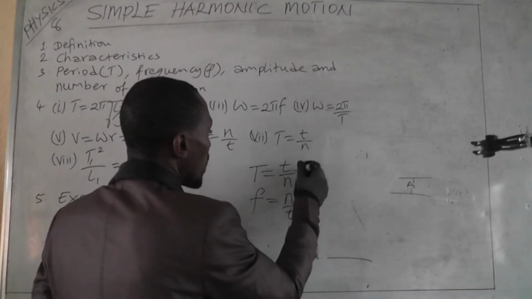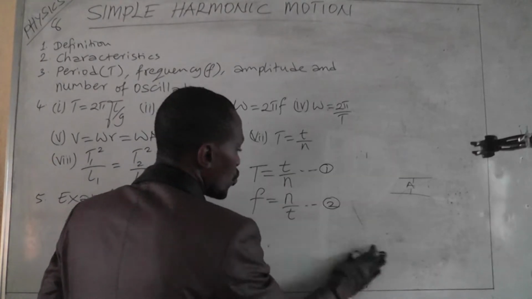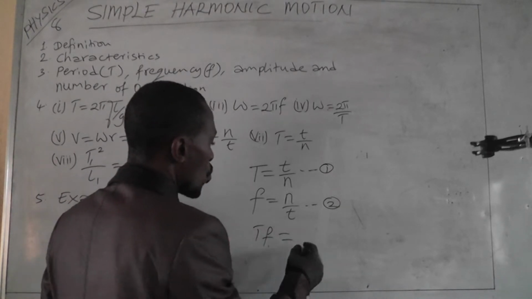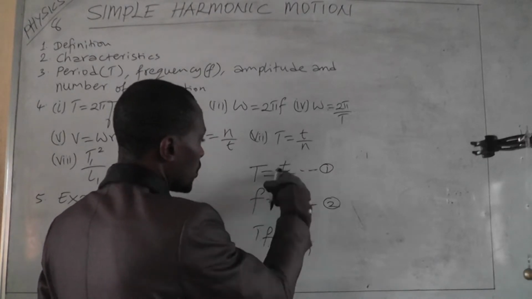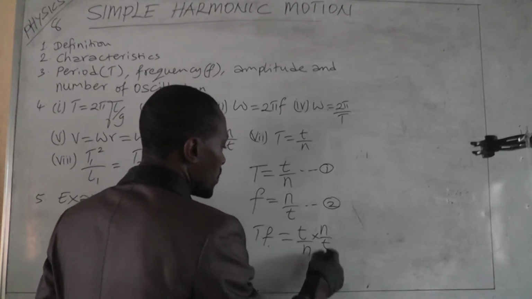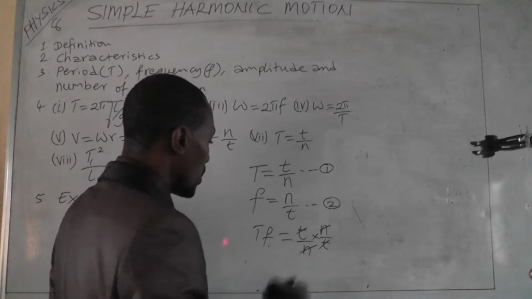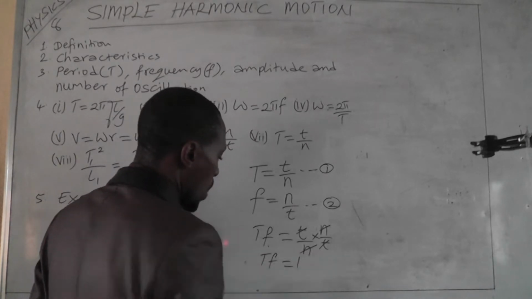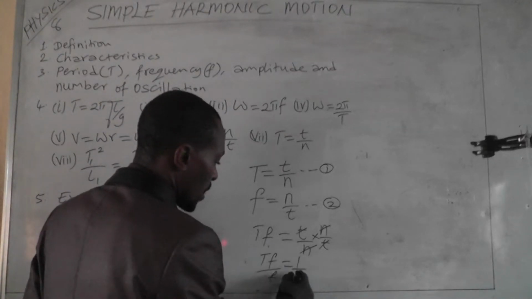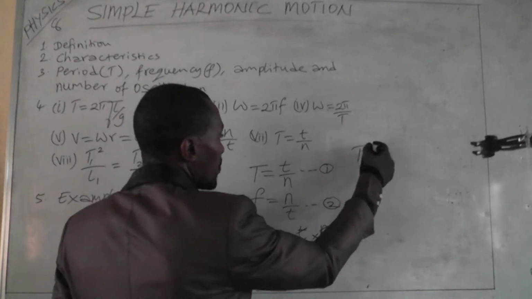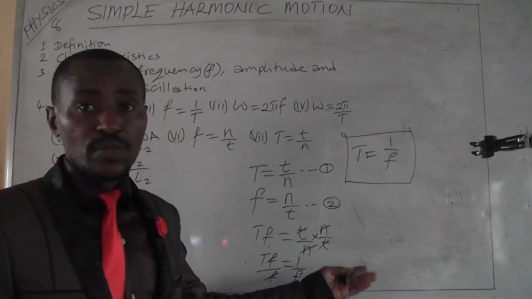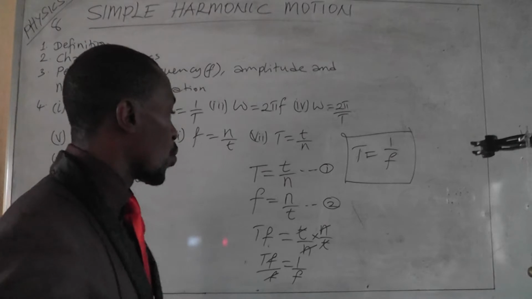If we say this one is equation 1 and this one is equation 2, if you multiply equation 1 by equation 2, it means I have Tf is equal to t over n times n over t, because what you do to the left hand side, you also do to the right hand side. n cancels n, t cancels t. From there, I have Tf is equal to 1. If I make T subject of the formula, which means divide both sides by F, this will cancel this. So finally, I have period is equal to 1 over frequency. That is how to derive the relationship between period and frequency.